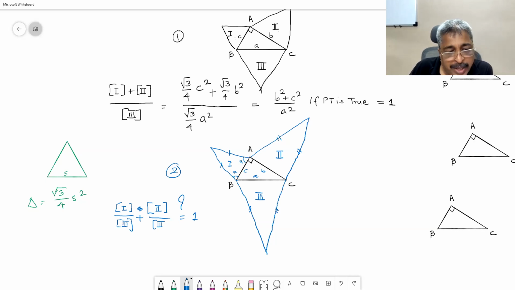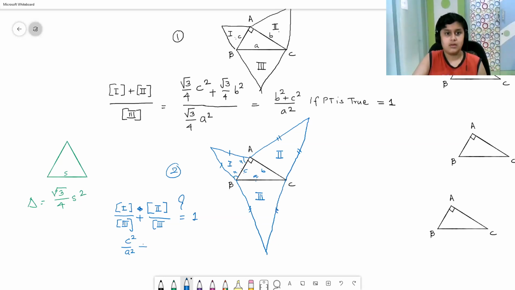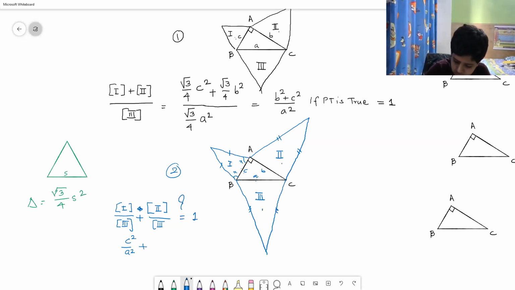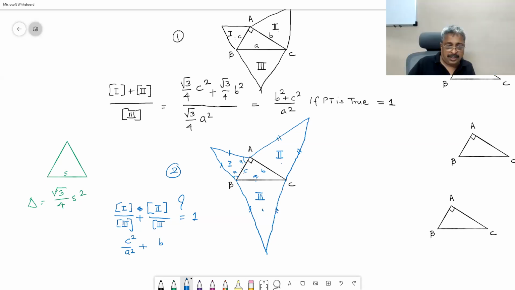Therefore, this is the ratio I can always write. Area of 1 upon area of 3 is going to be equal to c square upon a square, because their sides are proportional, c to a. Do you understand? Yes, sir. Plus area 2 upon 3 is b square upon a square, which gives c square plus b square upon a square.